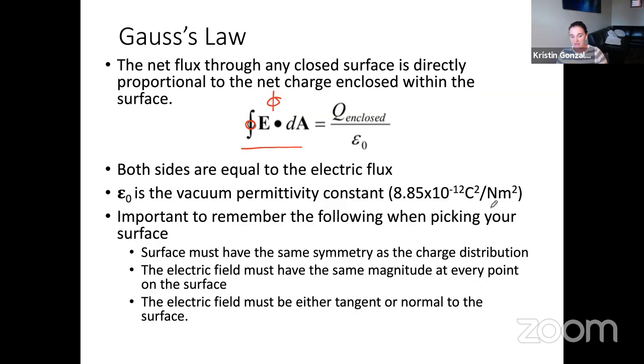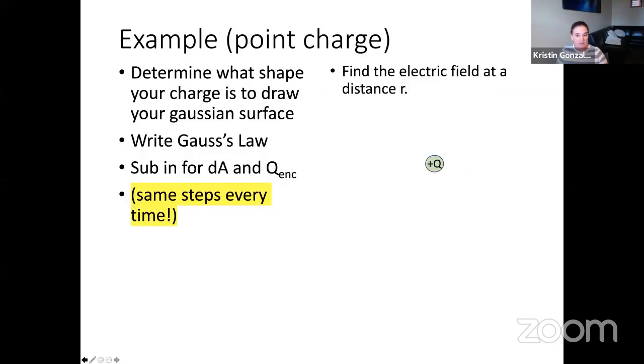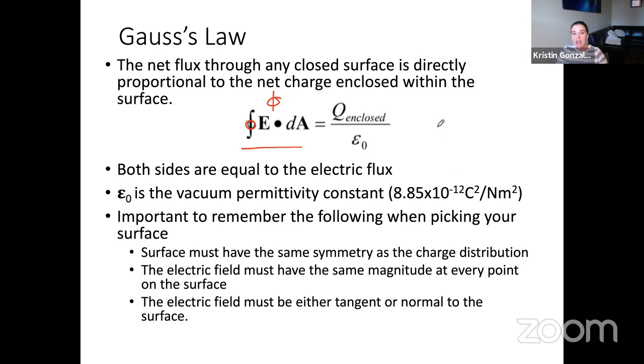That's equal to 8.85 times 10 to the negative 12 coulombs squared per newton meter squared. But it's also the same thing, we can relate it with k, because you've heard of k before, right? That Coulomb's law constant. k is equal to 1 over 4 pi epsilon naught. And so we can also relate epsilon naught to k.